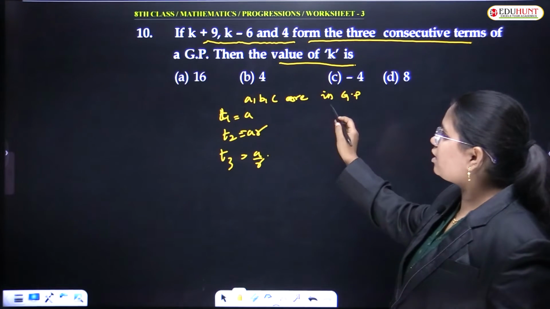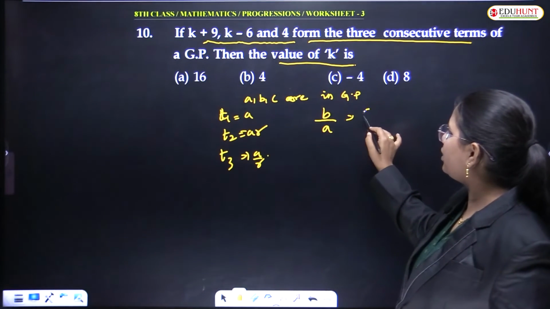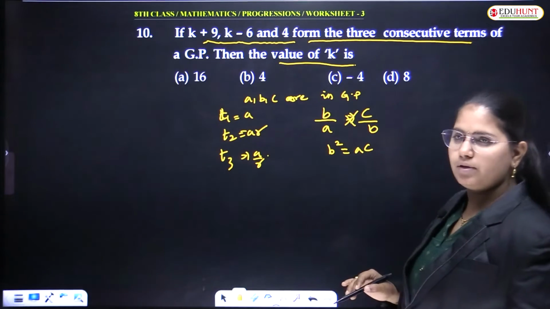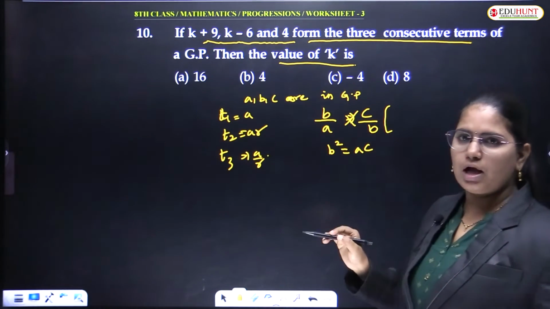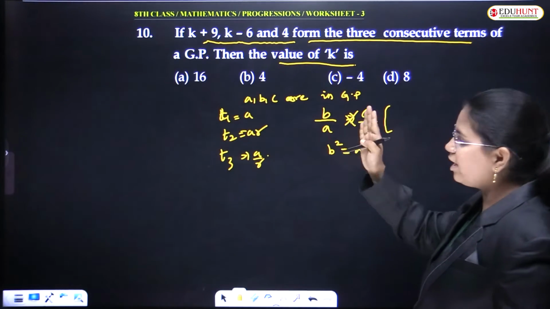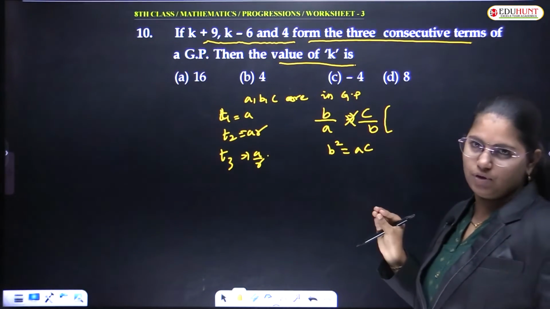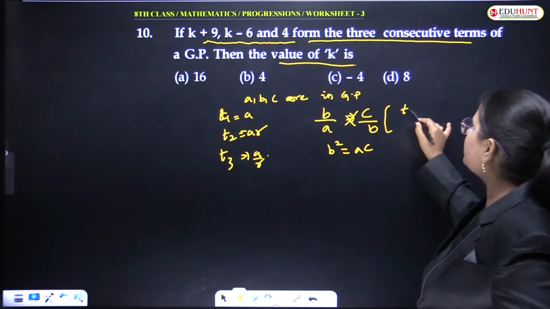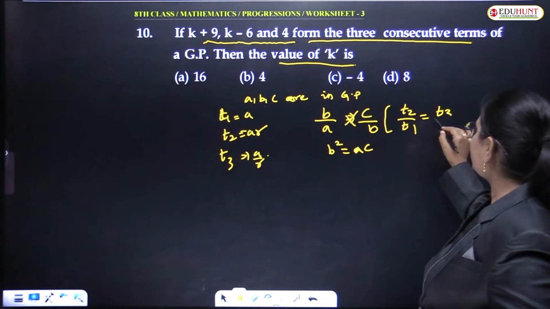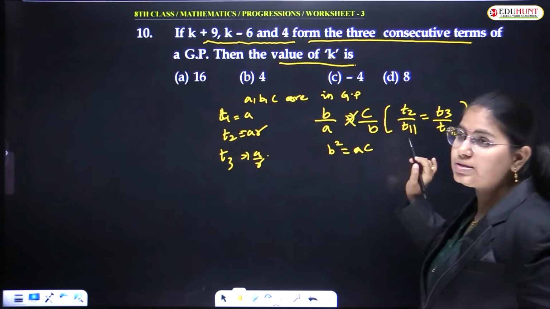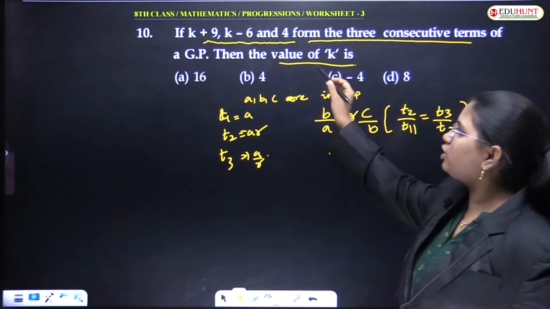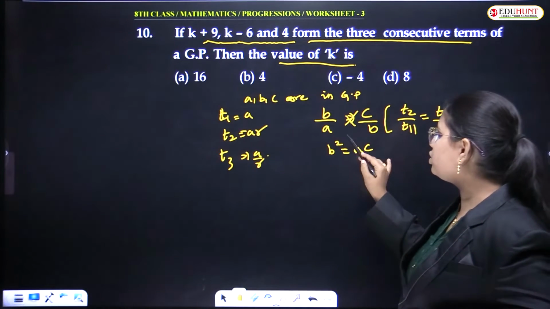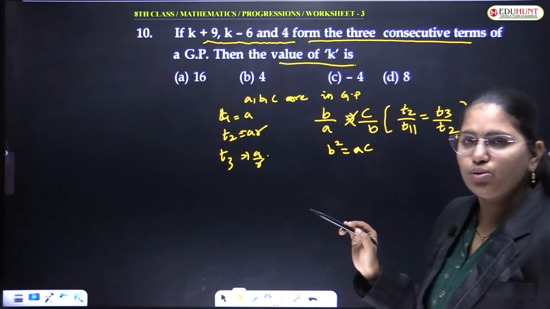If A, B, C are in GP, we have B by A is equal to C by B. On cross multiplication, we have B square is equal to AC. So always T2 by T1, which is B by A, should be equal to C by B, and that gives B square is equal to AC.